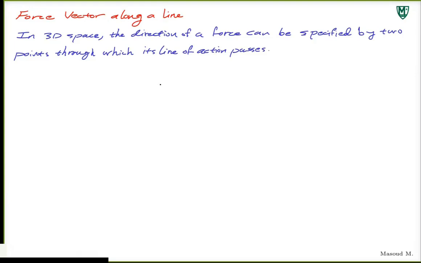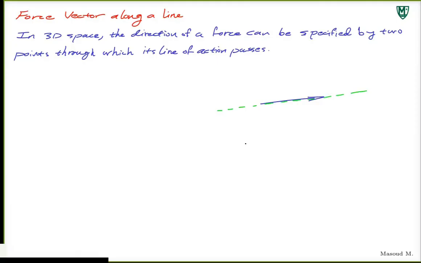So line of action is a kind of new term that you see here. If you think about the force as a vector, a line of action is the line that the force is collinear with, right? If you think about a force vector like this, this would be your line of action.